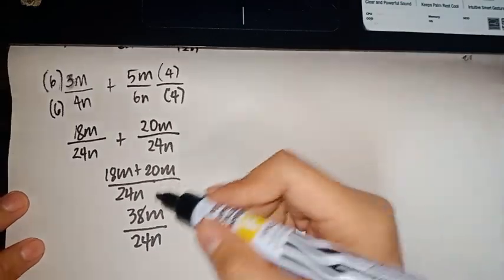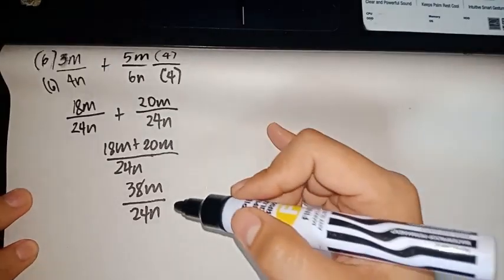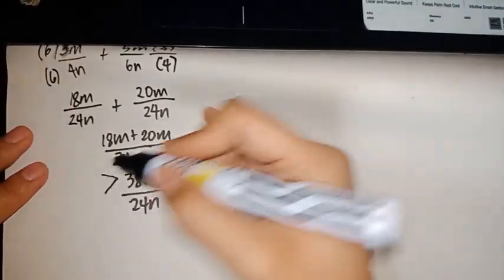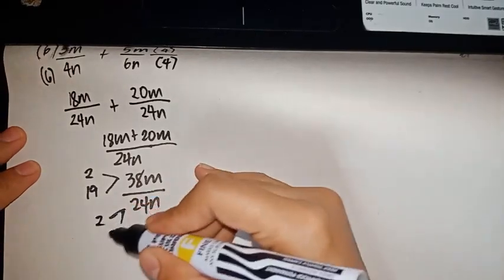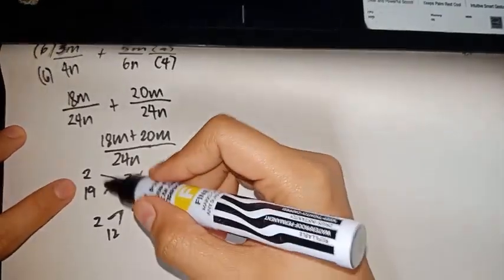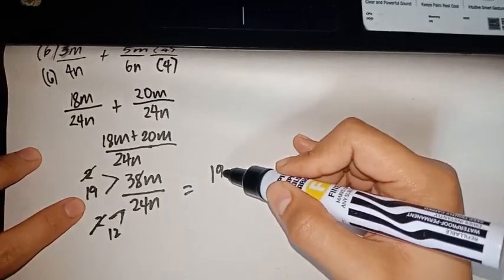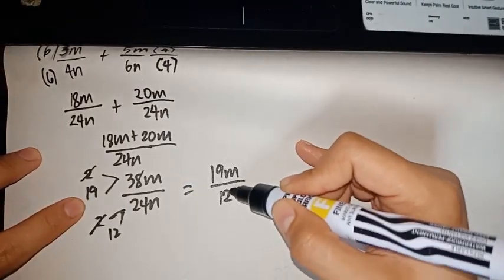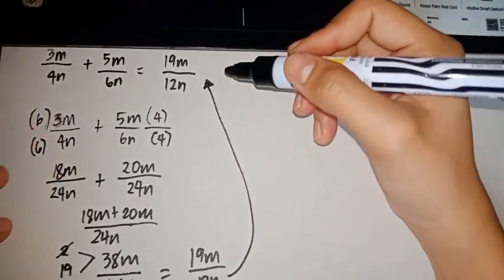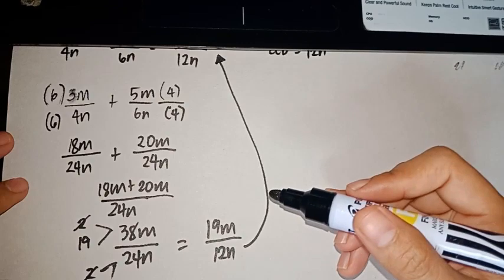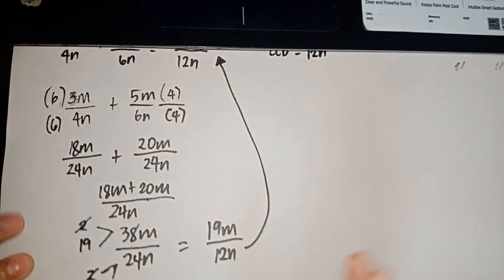Now let's simplify. 38 and 24 share the same factors: 38 is 2 times 19 and 24 is 2 times 12. Since they have common factors, we can cancel that out, and we are left with 19n all over 12n. That is the same as our answer a while ago. So again, this is another option. If you get a little confused, you can still use option number 1.